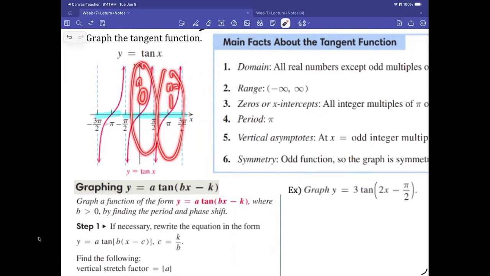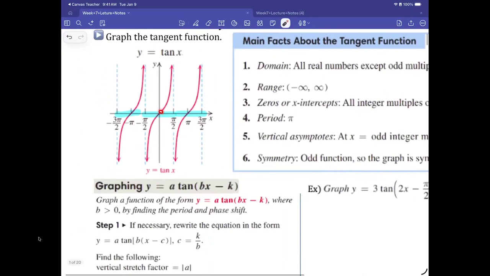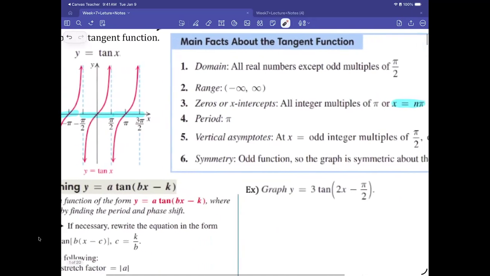And this one is the left side, so n is -1. So when n is 0, what happens? 0 times pi is 0. So that's why the x-intercept is 0. You guys follow me? Okay. And then n is 1, so 1 times pi is pi, so that's why it's pi, like that.